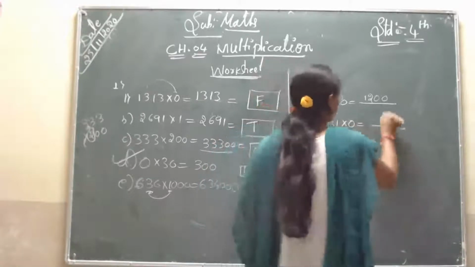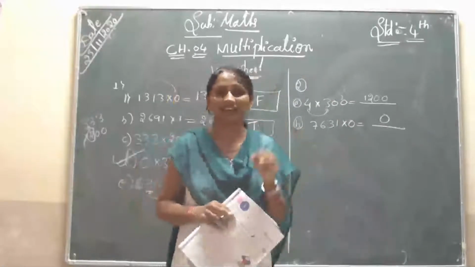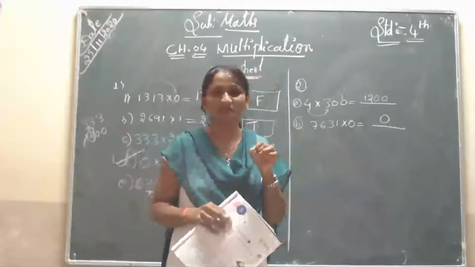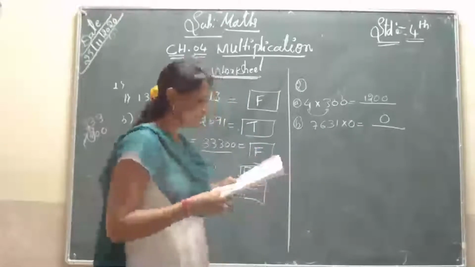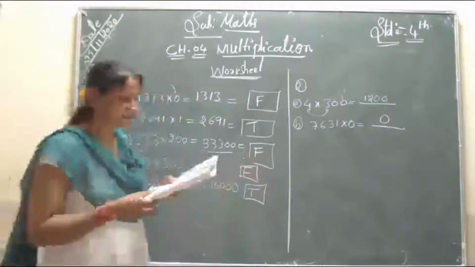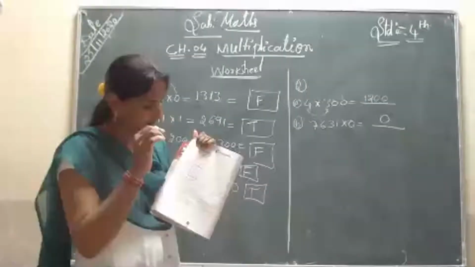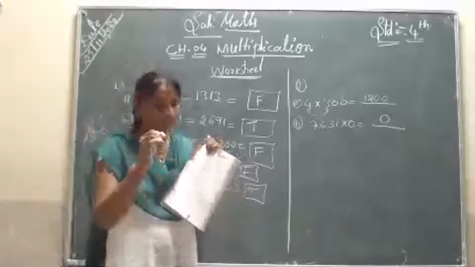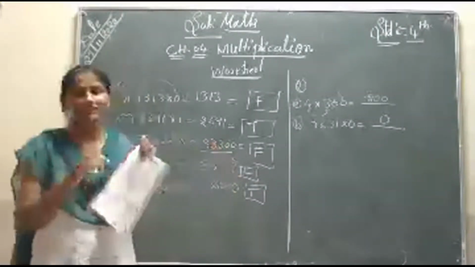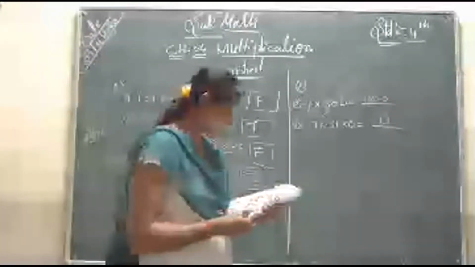The answer will be 0, because any number multiplied by 0 gives 0. Okay, next question. C is very easy, because you have to write 1. 946 into 1, you will get the same result, that is 946. Okay, students, that is 1.